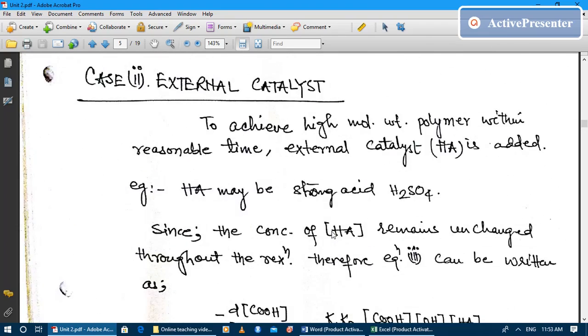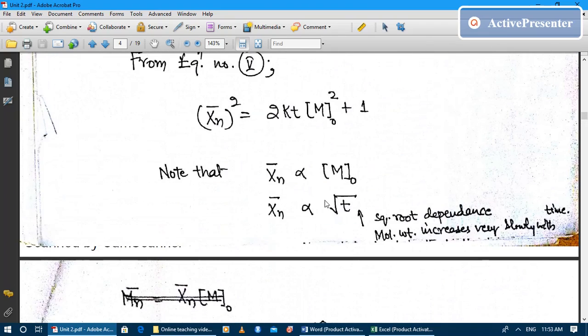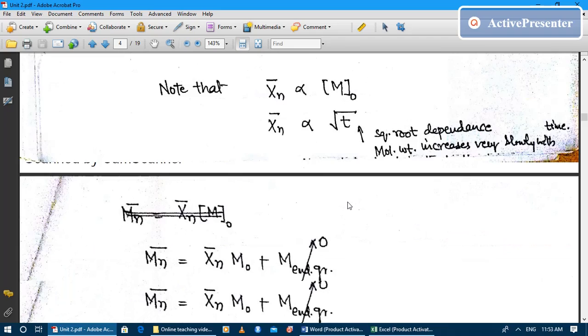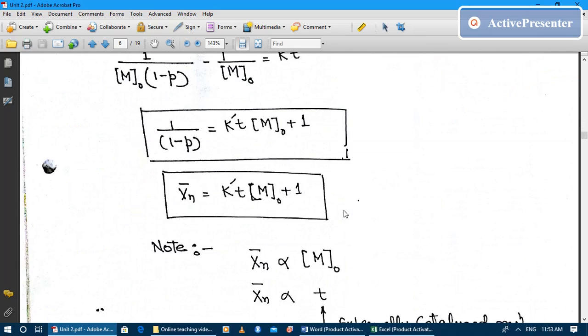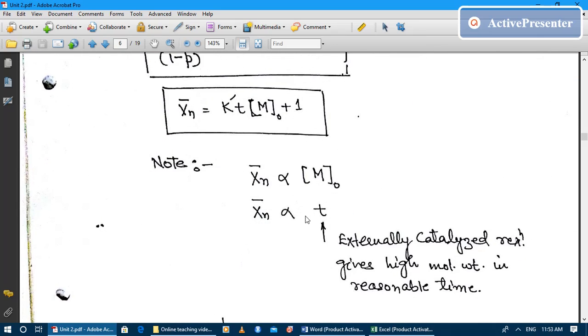Now let us see this. Here, in case of self-catalyzed polymerization reaction, the molecular weight or xn bar was proportional to under root of t. But in case of externally added catalyst, xn bar is directly proportional to t.